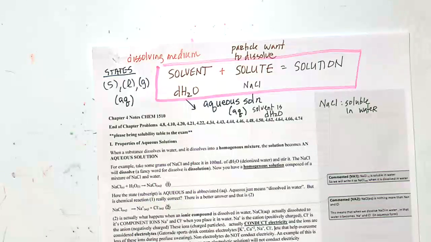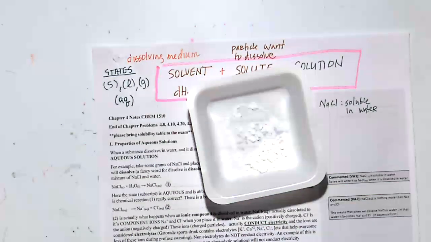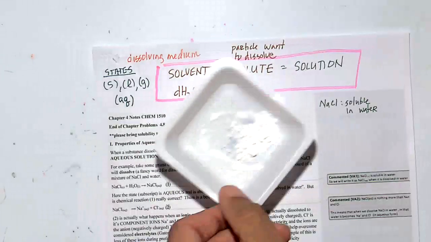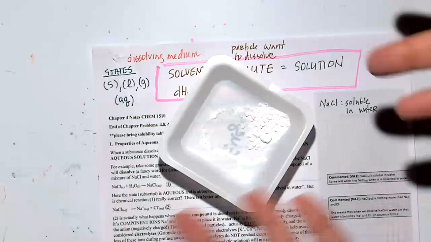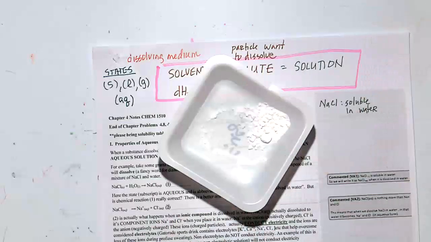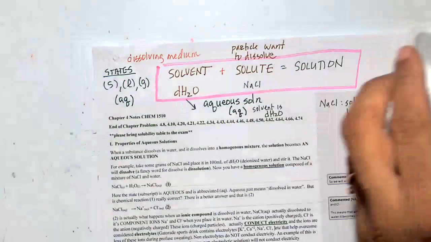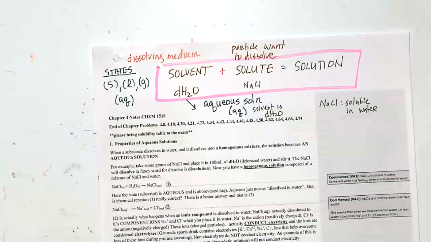I have another solute here. This one is sucrose. Sucrose is like sugar. It's basically sugar. You can see it. It's also white, a little bit more powdery, like powdered sugar. Talking about some physical properties. I'm going to put this here. So I put this solute in this solvent. I've made a solution. Let me stir it up.